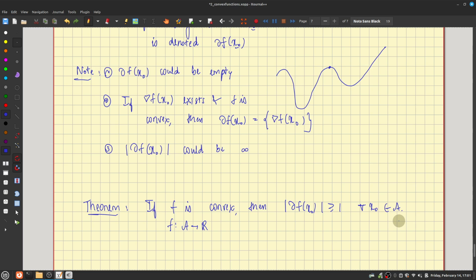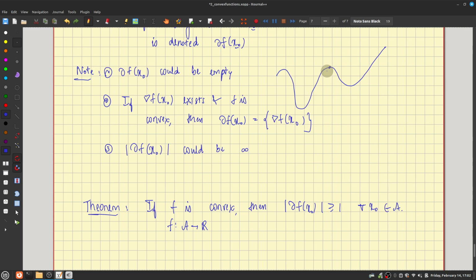Okay, it's not clear why this is true. And you have to be careful because, as we just saw, there are examples where the subgradient need not exist. But we know that if the function f is convex and the gradient exists, then the subgradient exists, because we just proved that from the first order conditions for convexity.